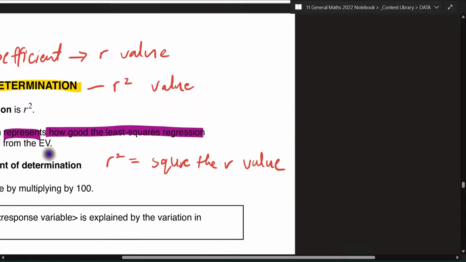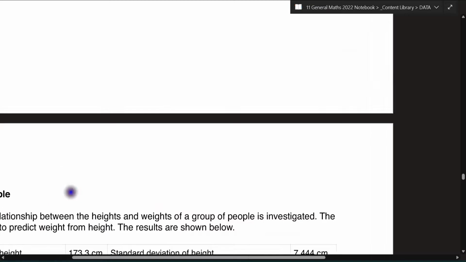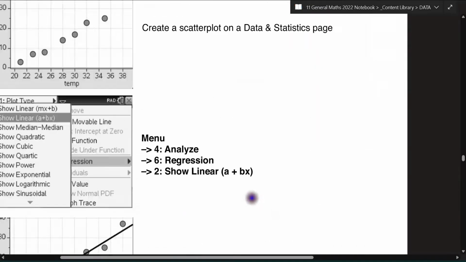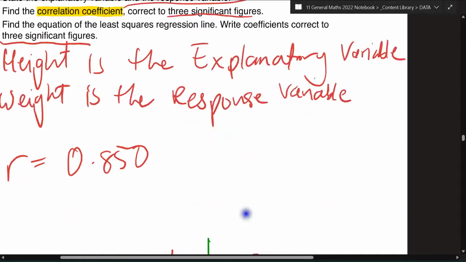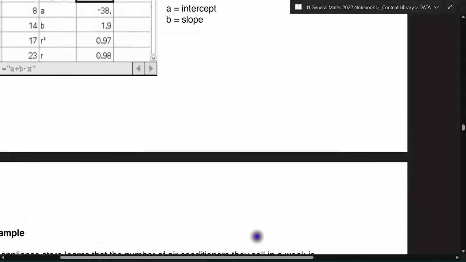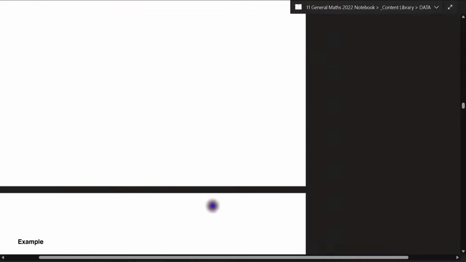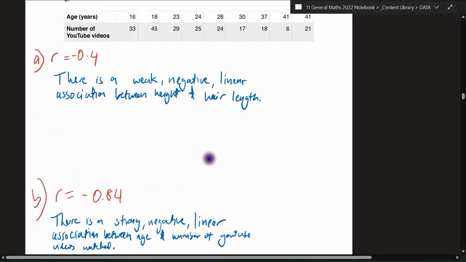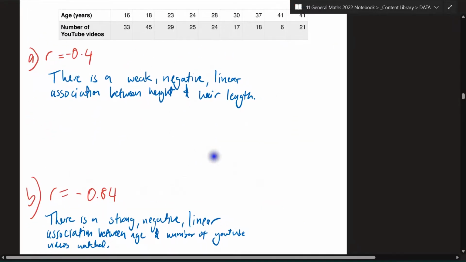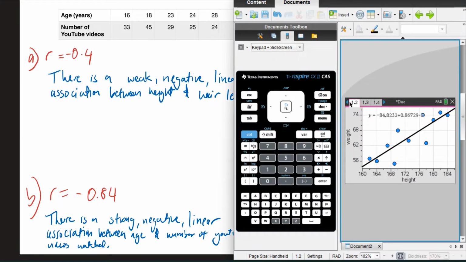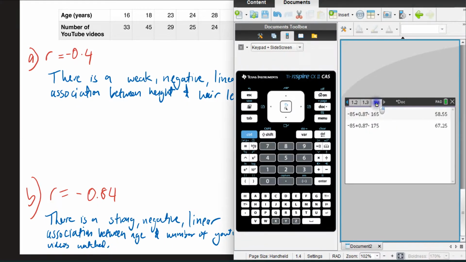Let's say, for example, I'm going to use these ones as an example. Let's say you have these values here, and I want to find the R squared of it. Just go to the calculator.